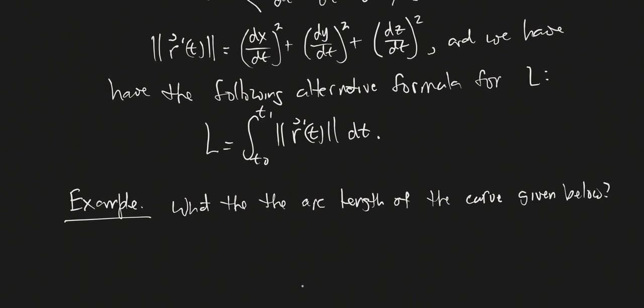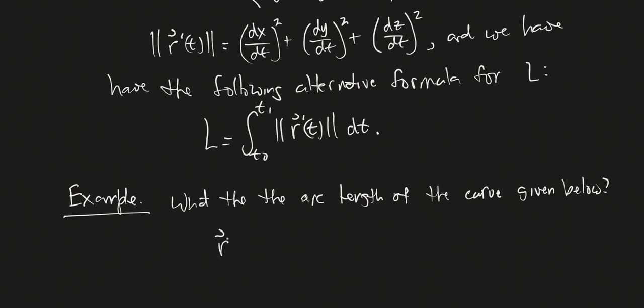And here's our curve again in vector form. First component is 1/3 t cubed, second component 4t, third component root 2 t squared. And again, this is not enough, since we're going to set up a definite integral, we need to know what range of values of t define this curve. Well, let's say t goes from 0 to 2.